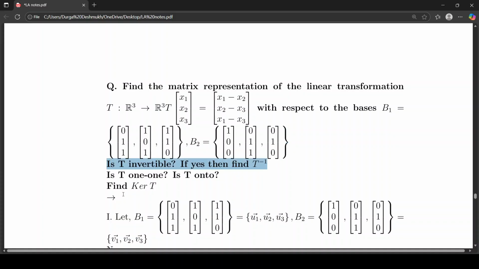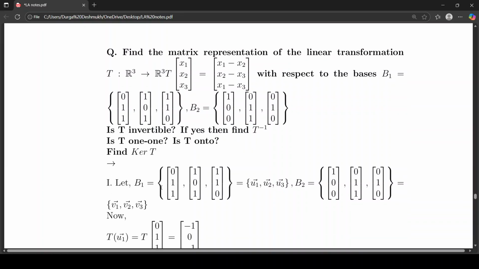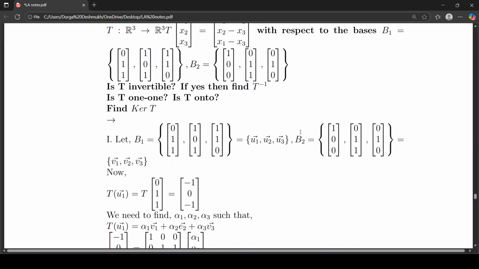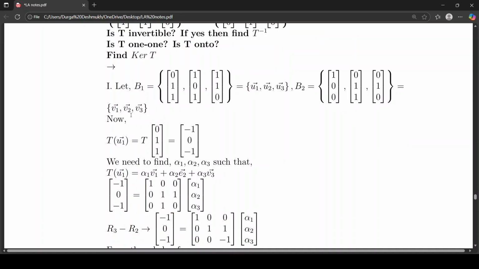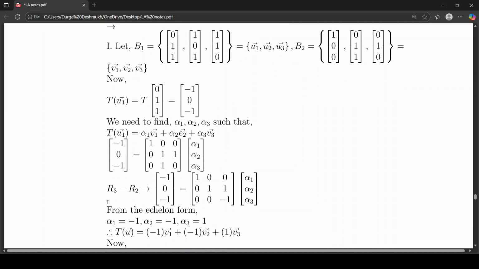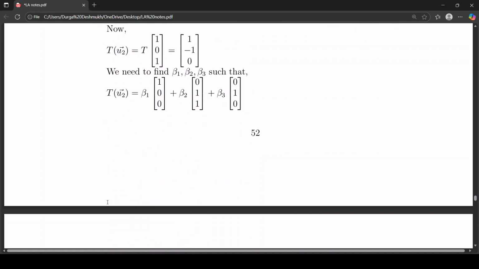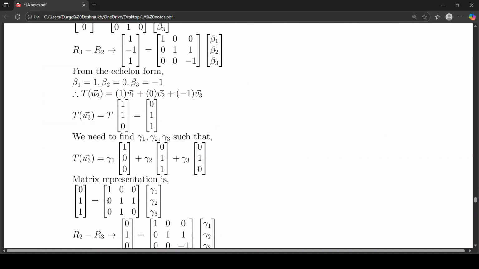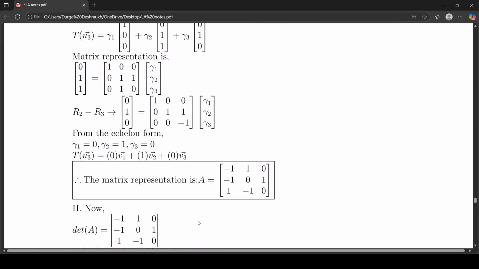If it is one-one, it is onto, and we also have to find the kernel of the given transformation. So here again we will consider the basis as some vectors for simplicity. Then we will find their images, we will find some scalars so that we can show them with respect to the other bases.